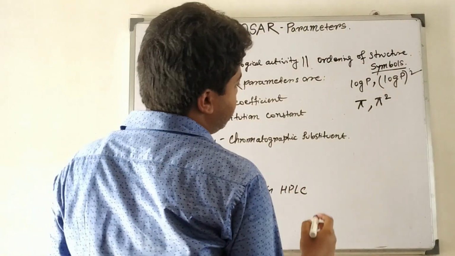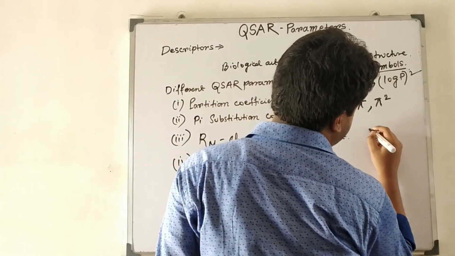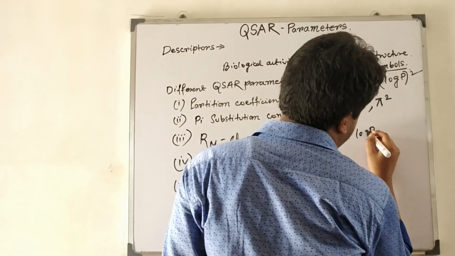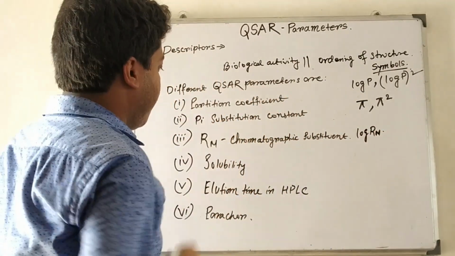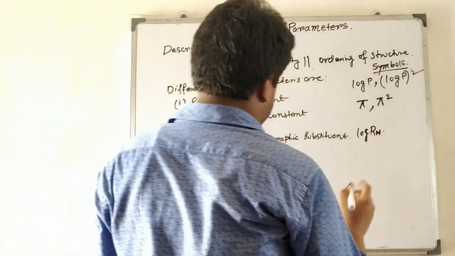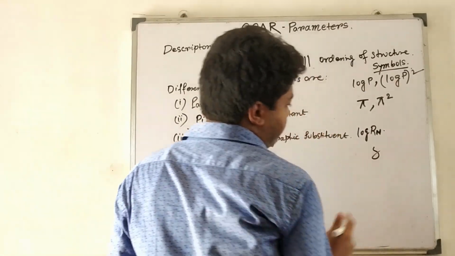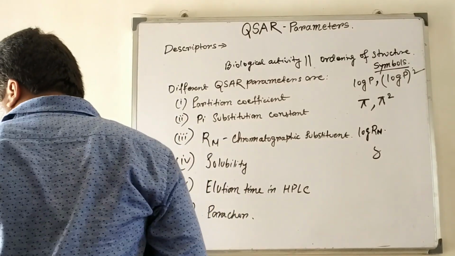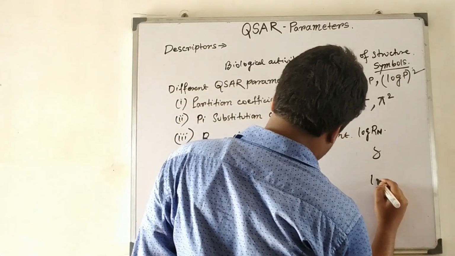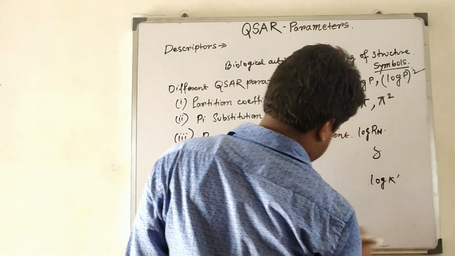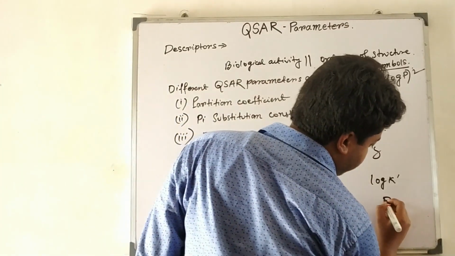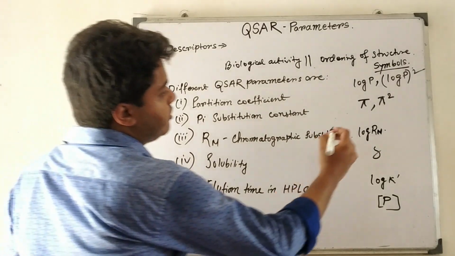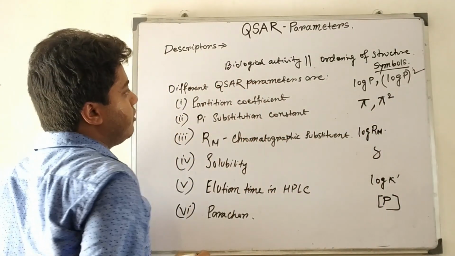For the chromatographic substituent, we have Rm, log R. For elution time in HPLC, we have log K. So we use these symbols to represent our QSR parameters.